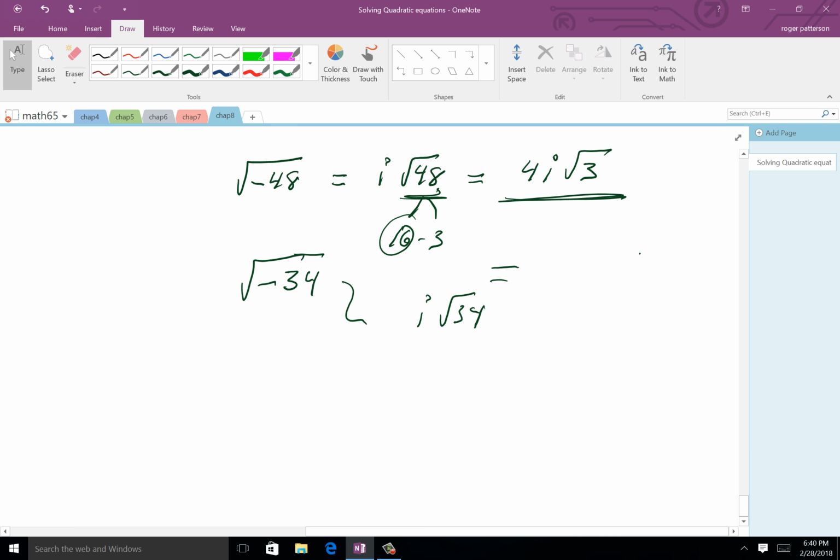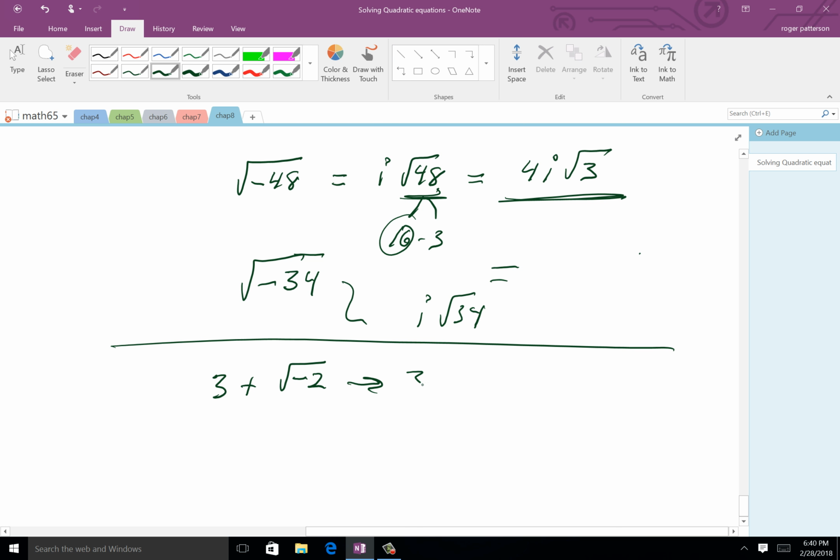They have some like this too, I see here. I don't exactly know what they're trying to accomplish with these. So here we have 3 plus the square root of negative 2.